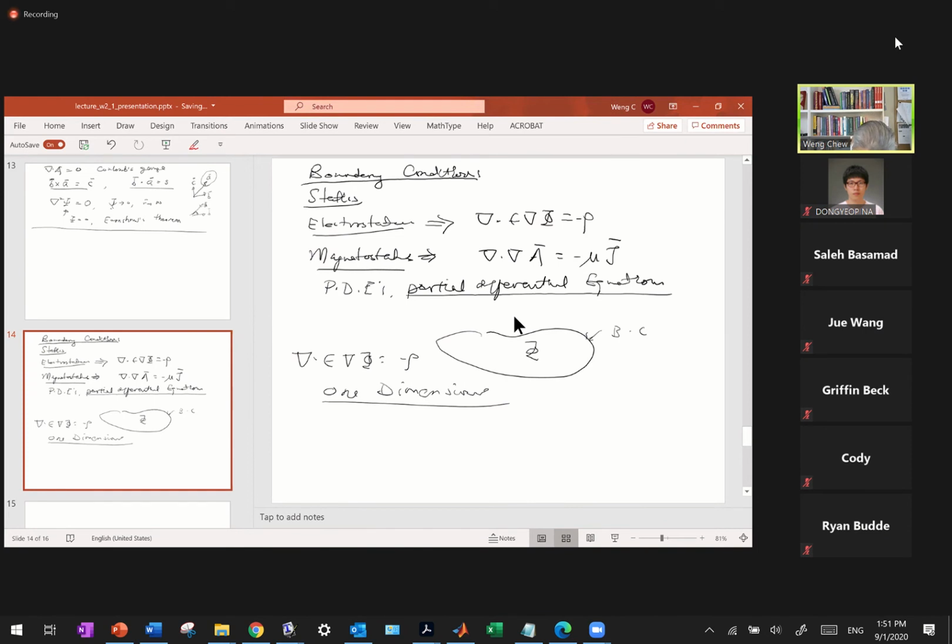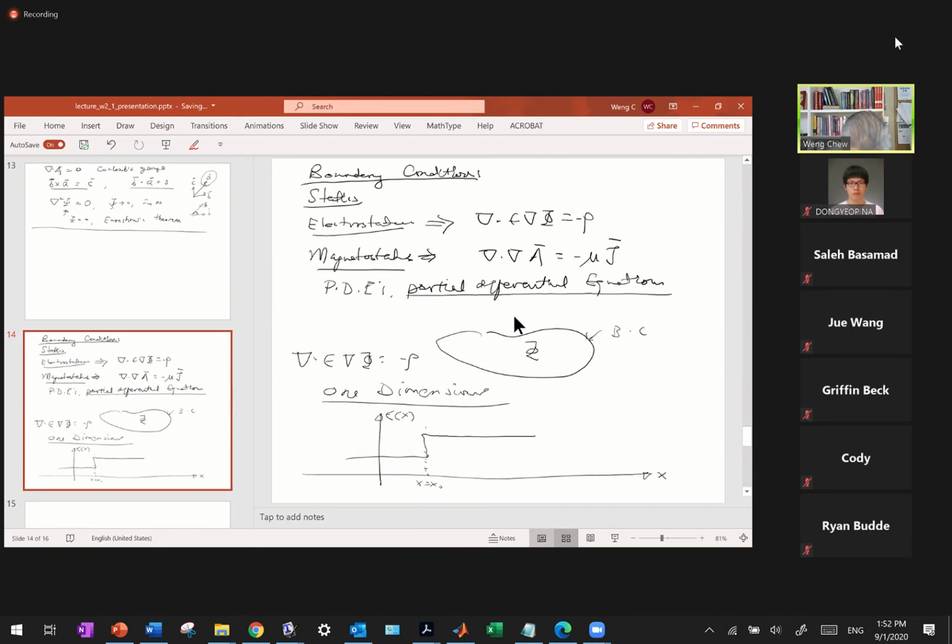Let's assume that epsilon is not a constant, but epsilon is a function of x, and it looks something like this. It's a constant in region 1. And then at x equal to x naught, there's a jump discontinuity in epsilon of x.